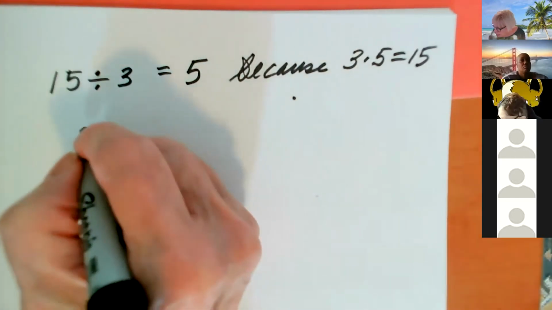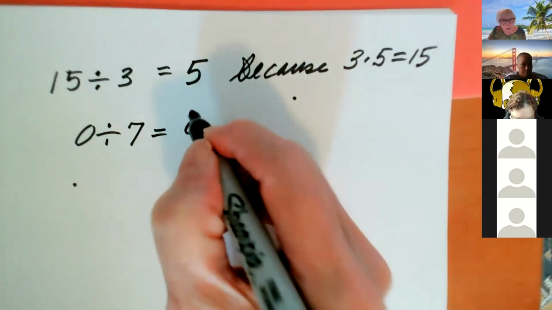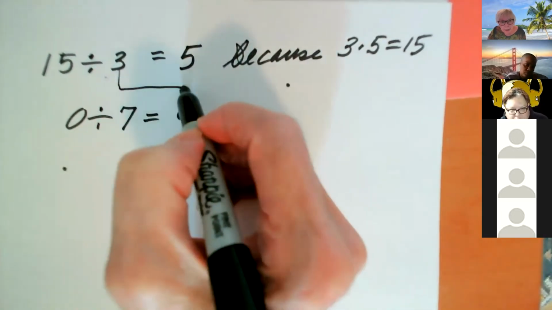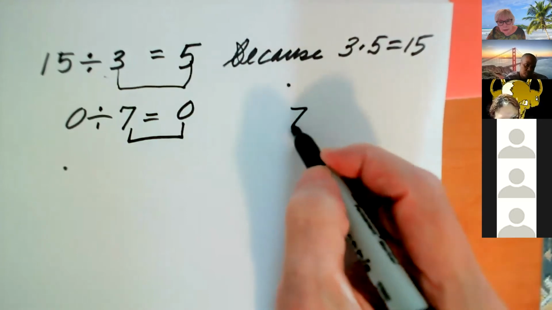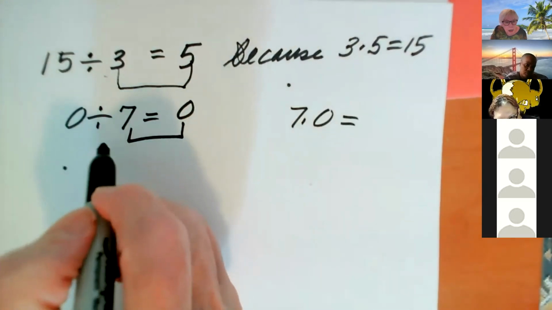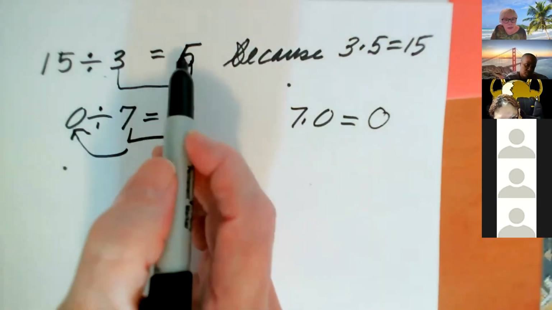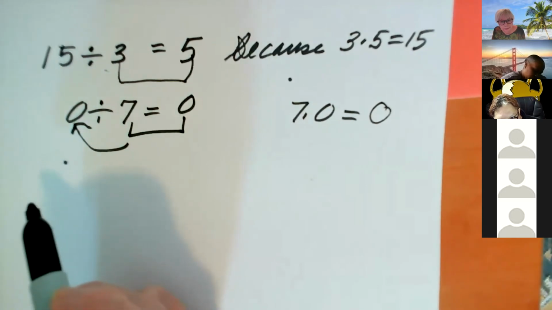Now, when you had 0 divided by 7, the correct answer was 0. And I want you to follow the pattern, because 7 times 0 comes back to that original number 0, just like 3 times 5 comes back to 15. Okay?